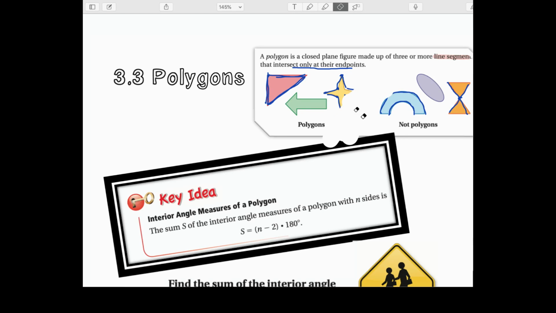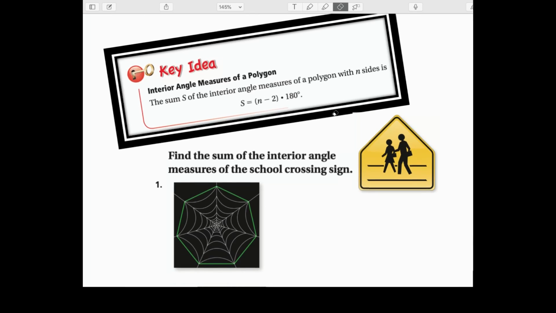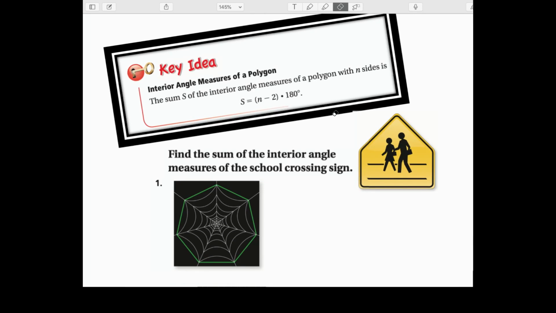All right, so let's get started with what we're going to be learning now. We're going to be talking about the interior angle measures. That's all of the angles added together.